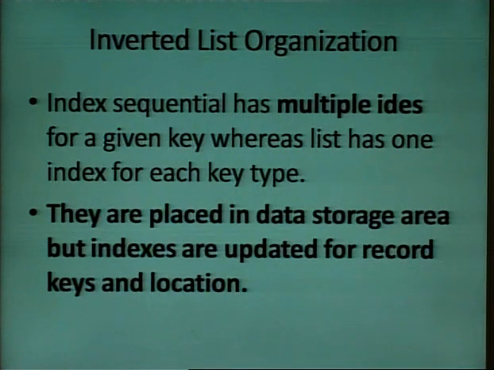Index sequential has multiple IDs for a given key, whereas an inverted list has one index for each key type. They are placed in the data storage area, but indexes are updated for record keys and location, right? So only random access of records is involved.